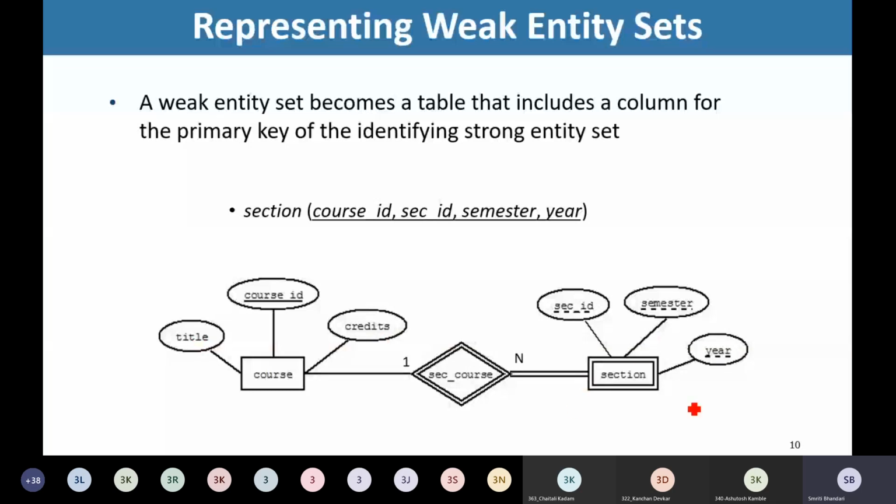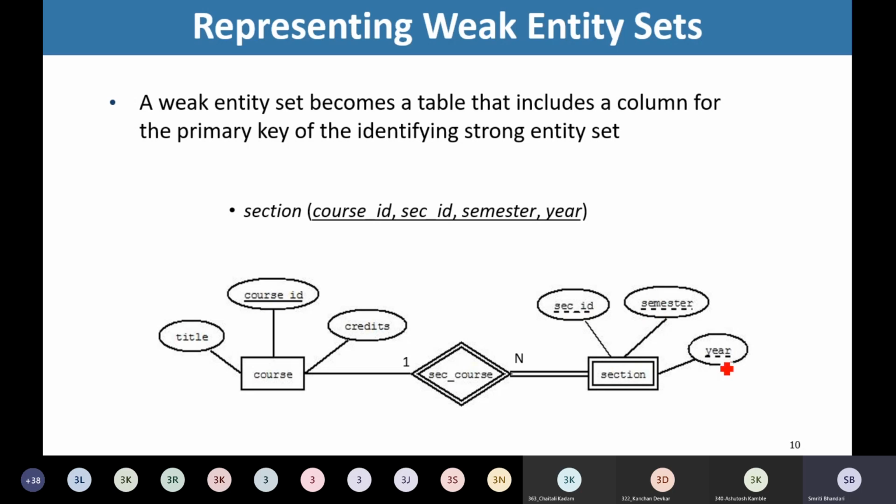Okay, now we are talking about this weak entity set. So for weak entity set, no doubt we are going to create a table. Okay, so for section I'll be creating a separate table, and whatever are the attributes of this section, those attributes will become the columns of that table.